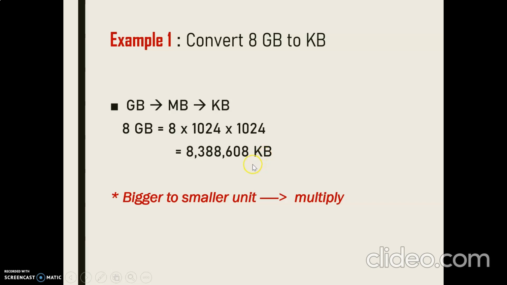That means that is 8 gigabyte. From a bigger to a smaller unit, you multiply by 1024 and 1024, because we have two steps here. From gigabyte to reach kilobyte, you have to go to megabyte first, and then to kilobyte. That's why we multiply 2 times.